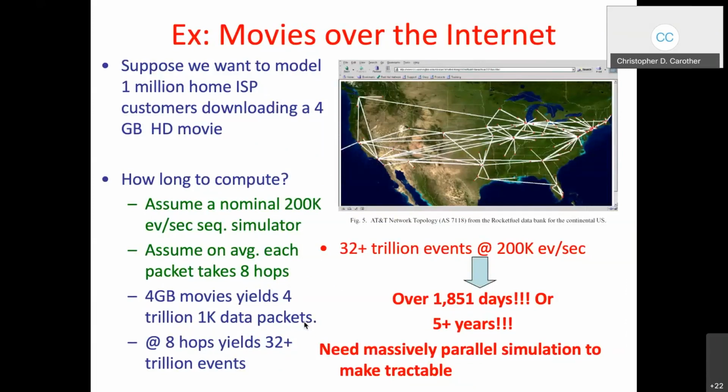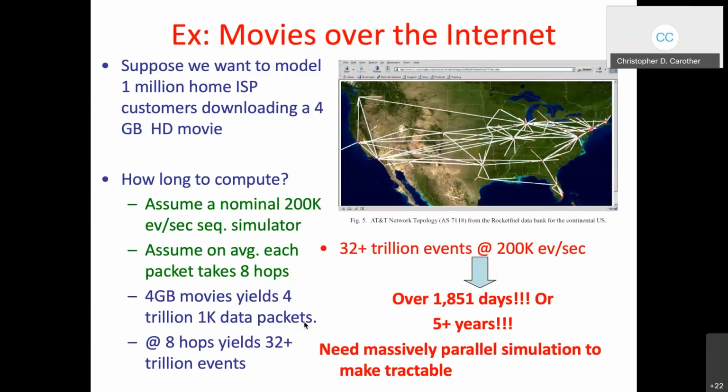So if you have 4 million homes or 1 million homes wanting to download a 4 gigabyte HD movie, if we were to simulate this, how long would this take? If we assume a sequential simulator can go at about 200K events per second, you assume something like 8 hops per packet, which might be shorter, some hops are much longer over the internet, and you've got 4 gigabytes, yielding something like 4 trillion 1K packets.